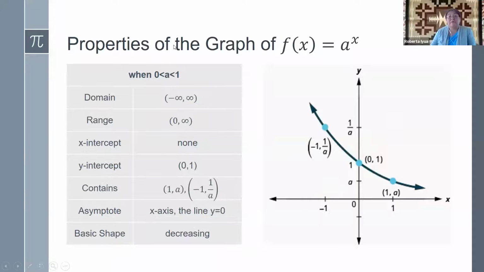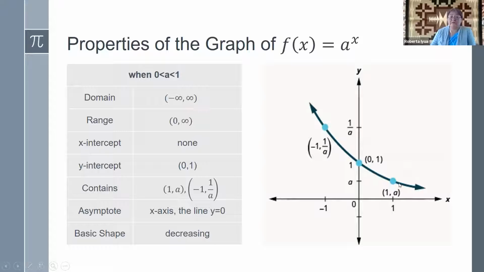Here's another property of the graph. When a is greater than 0 but less than 1, our domain is still negative infinity to positive infinity, and our range is still in the upper 2 quadrants from 0 to infinity. We still have no x-intercepts, and we have (0, 1) as our y-intercept.